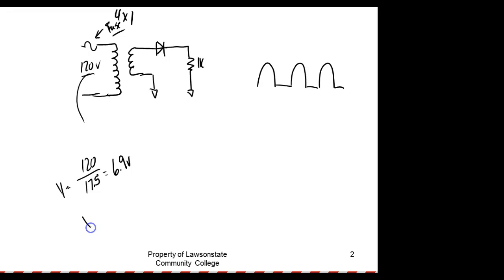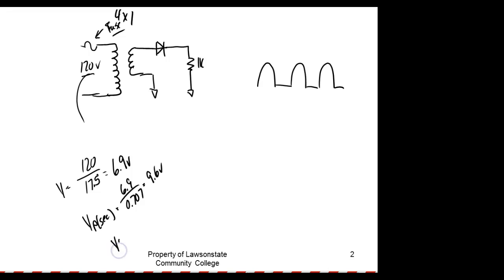Okay, then I'm going to calculate the peak on the secondary. I'm going to say 6.9 divided by 0.707. That gives us 9.6.